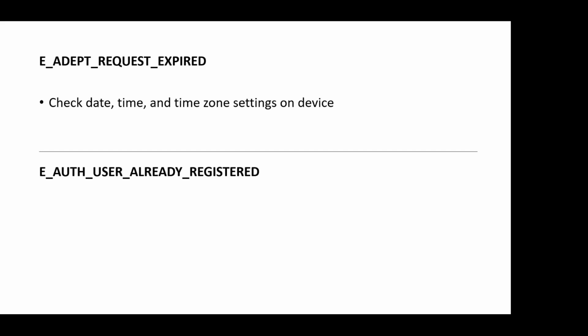An already registered error occurs when you are trying to open an ebook that has already been opened on an authorized device on a device that is not authorized. When you open an ebook on a different device, make sure they are all authorized with the same Adobe ID.